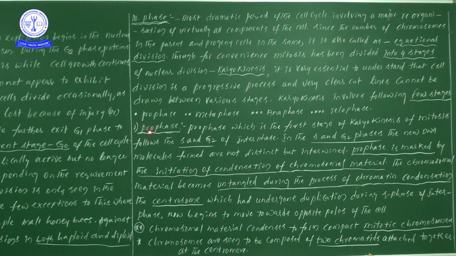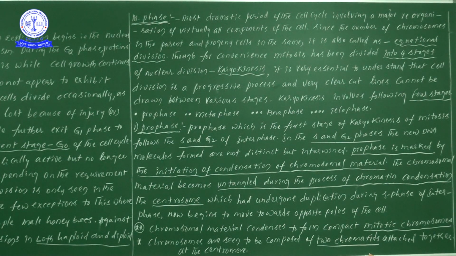That's why prophase follows the S and G2 phases of interphase. One important point: in the S and G2 phases the new DNA molecules are formed but are not distinct, they are intertwined.